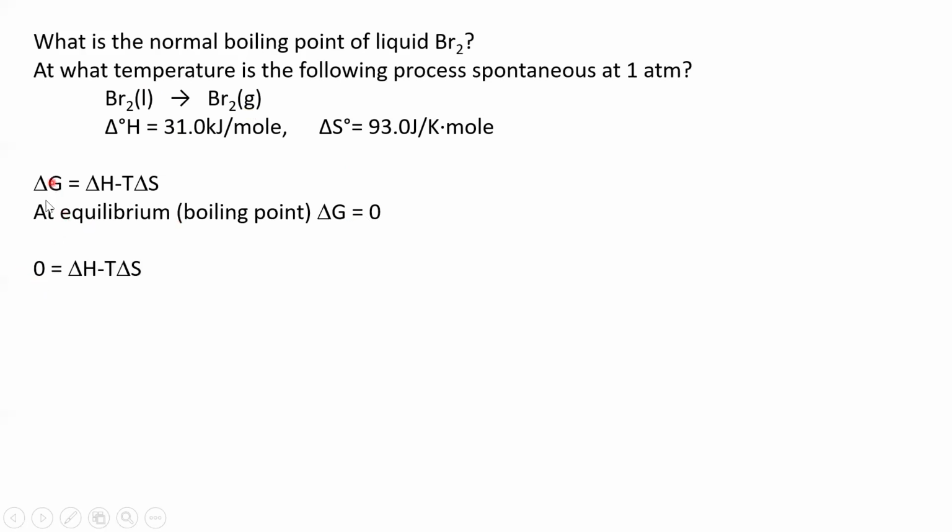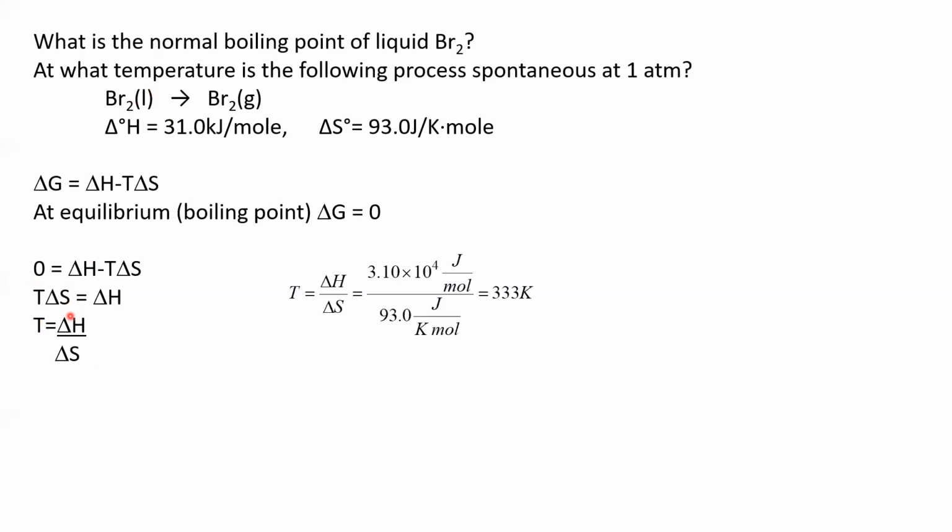So we'll substitute in 0 for delta G. We're going to add T delta S to both sides, and then divide both sides by delta S. And that'll give us T, that's what we're trying to find.